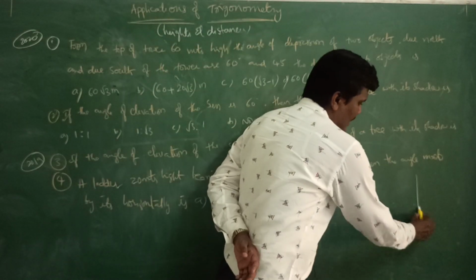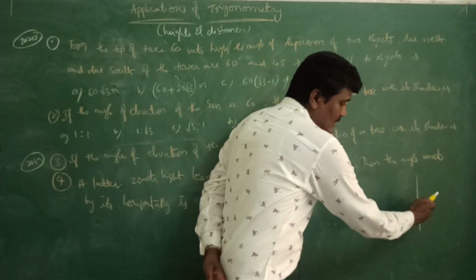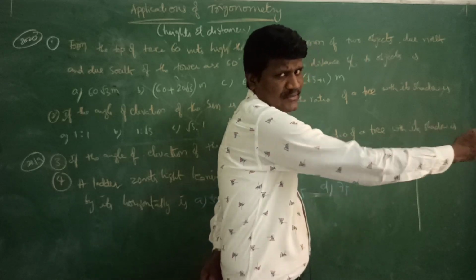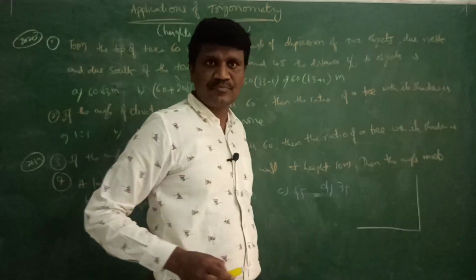So how will the diagram come? Suppose this is the tree. For the tree the shadow will come either this side or that side, you can take any side, not an issue. Suppose the shadow is coming this side.